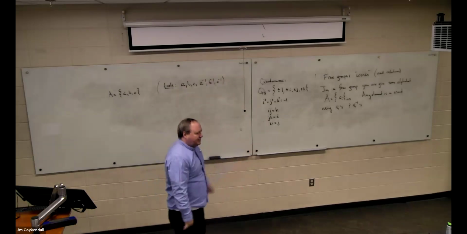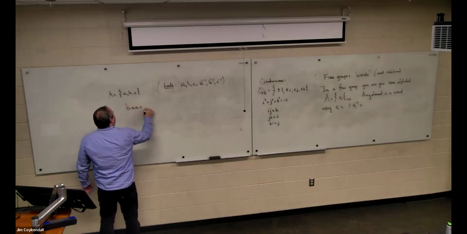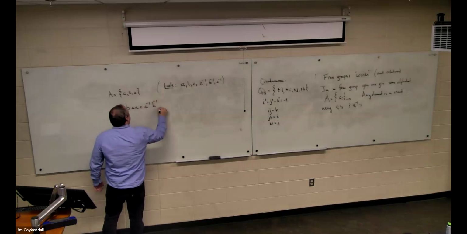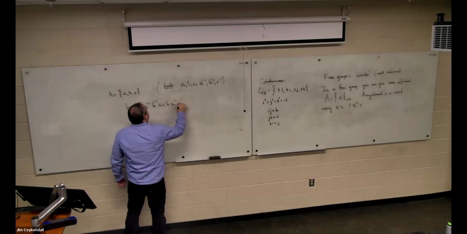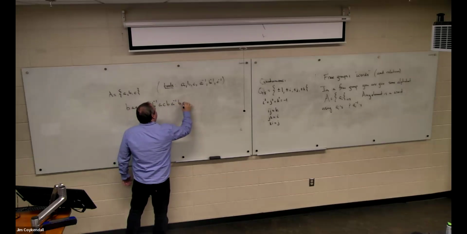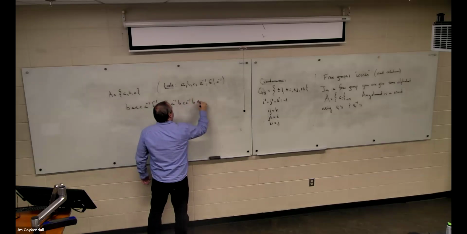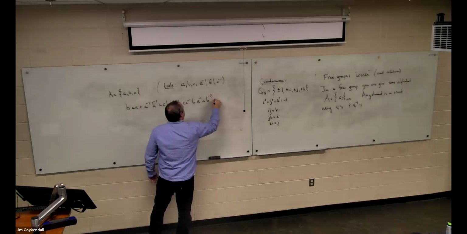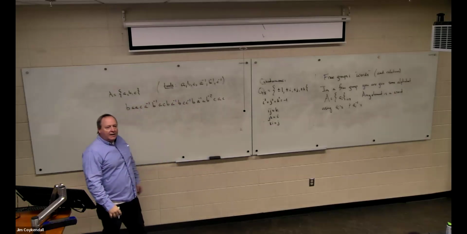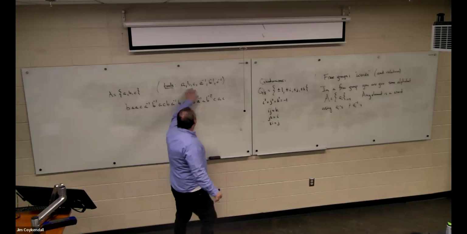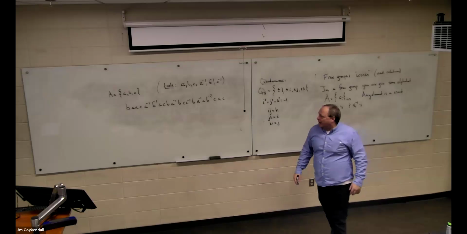Anything I can make. So for example, I might have B, A, C, A inverse, B inverse, A, C, B, A inverse, B, C, C inverse, B, A inverse, A, B to the minus 2, C, A, C. There you go. Any finite word that I could make using the 3 symbols A, B, C and their inverses is an element of this.